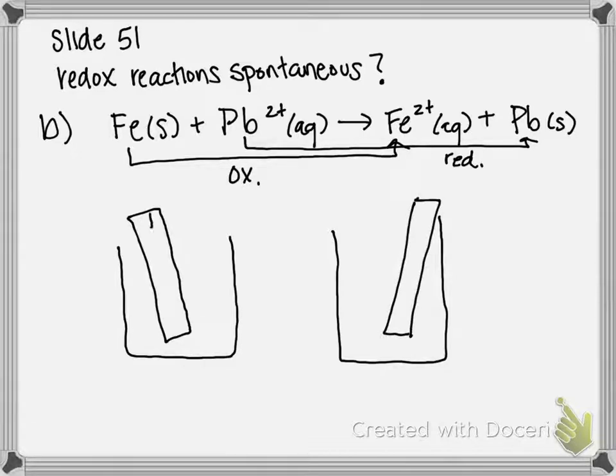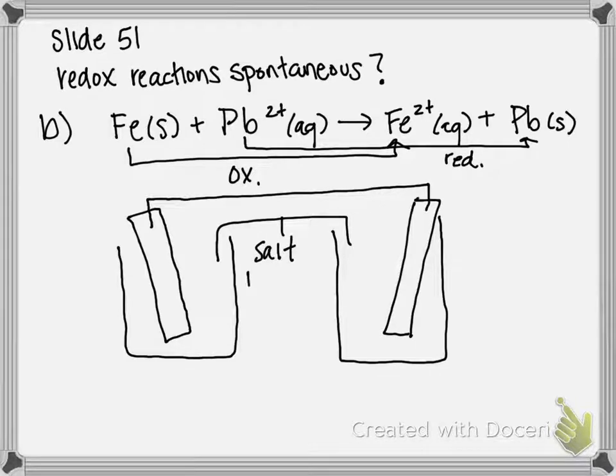And these strips are going to be connected by a wire. And then below the wire, that's how electrons are flowing. I'm also going to have a salt bridge to make sure that ions continue to flow. So the convention for these, the oxidation is always written on the left-hand side. Reduction is always written on the right-hand side.